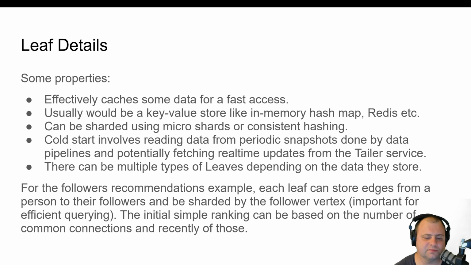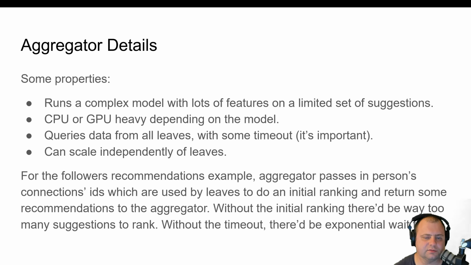So the Aggregator runs some more complex model with a lot of features on a more limited set of suggestions. So if leaves can potentially evaluate maybe thousands or tens of thousands of suggestions, the Aggregator would probably evaluate maybe hundreds of them. But it depends.